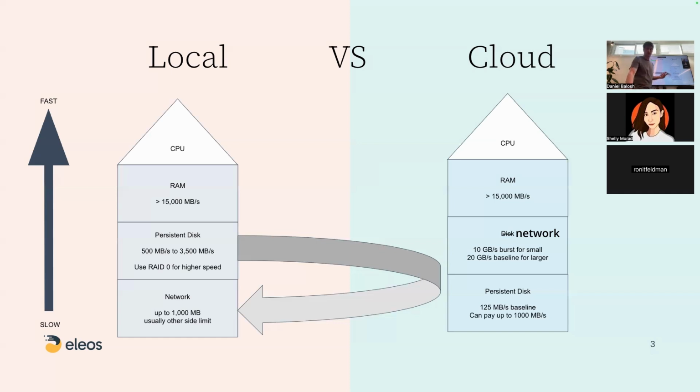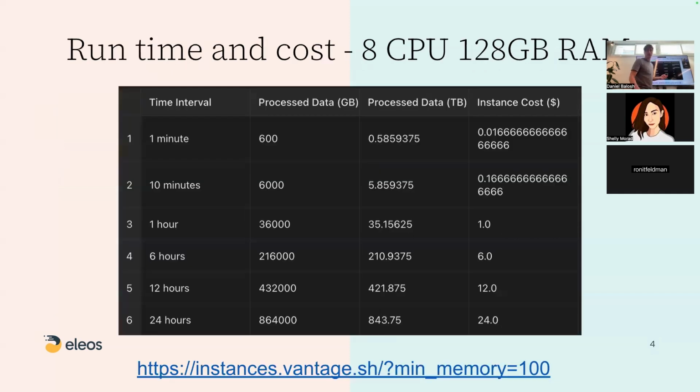The meaning of this is that if you run with a medium-sized instance, it costs like $1 an hour, but you can process in 1 minute 600 GB of information.